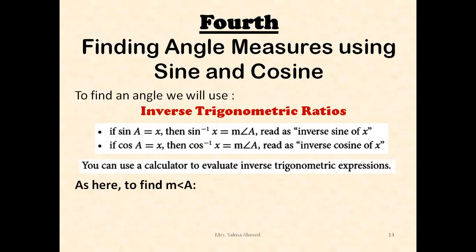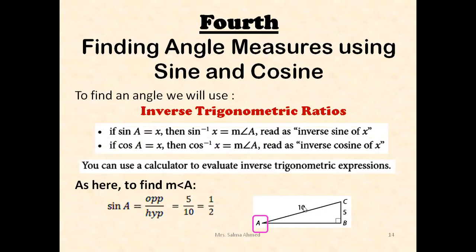As here, to find the measure of angle A, I have these two sides, one is a leg and one is a hypotenuse. So sine A equals opposite over hypotenuse, which is 5/10, which equals 1/2.